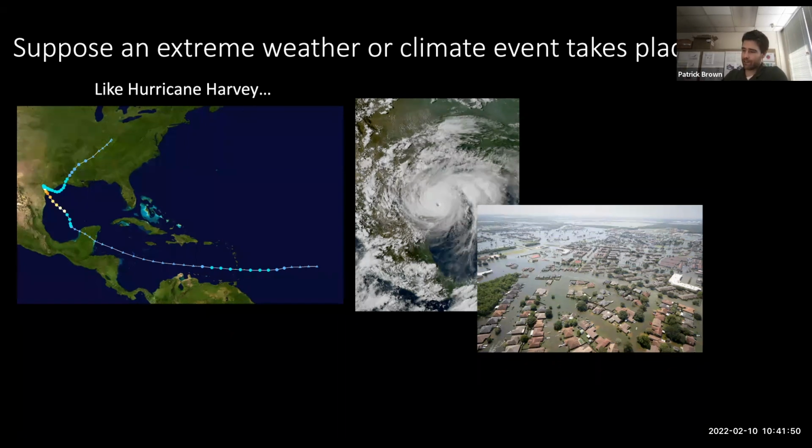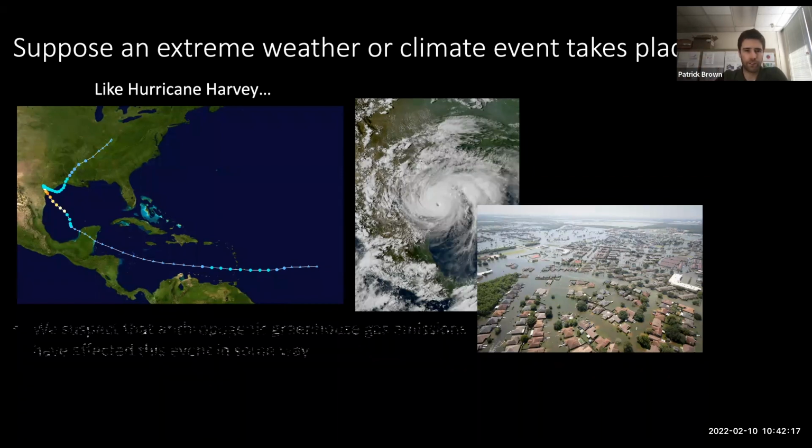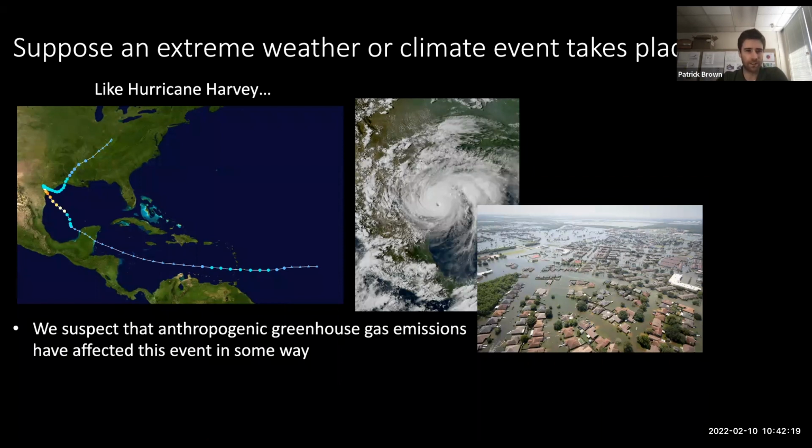This is 2017, and scientific papers from the climate science community started coming out in 2018, trying to attribute or think about what the effect of climate change was on Hurricane Harvey. This is when this part of the scientific literature really started to get going, just like four years ago. So this isn't really in textbooks yet.